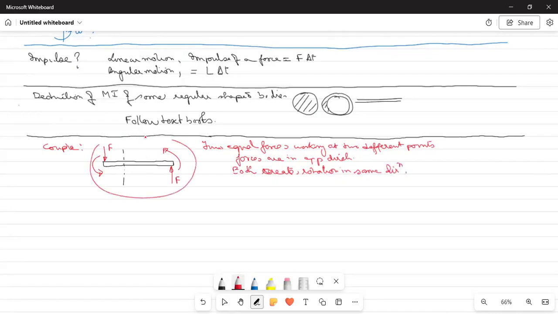Then this whole feature is called a couple. And the effectiveness of a couple is measured by the moment of a couple.